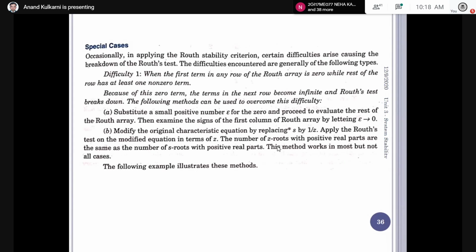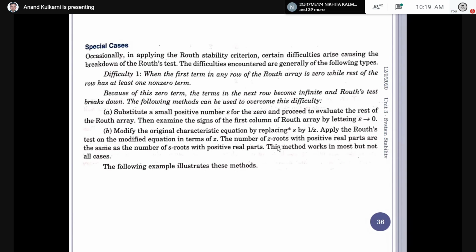Why this difficulty occurs is the most important part. The first column of the Routh array becomes 0 when there are symmetrically placed roots on either side of the j omega axis. That means there may be one root at say -1 and one root at +1. That is, one root on the left hand side of the imaginary axis and one root on the right hand side with the same value, +1 or -1.